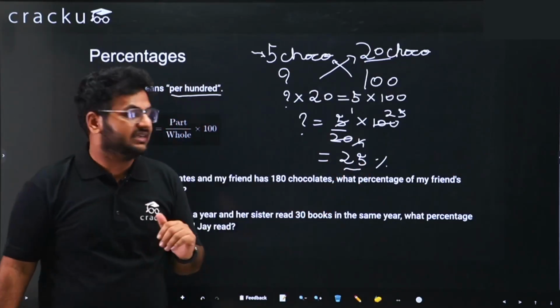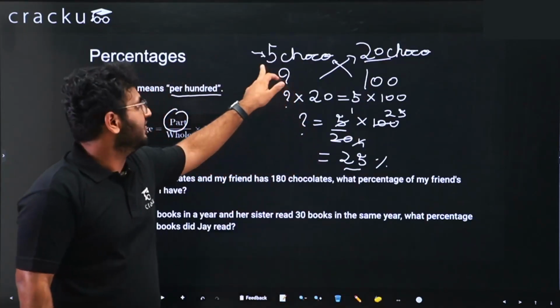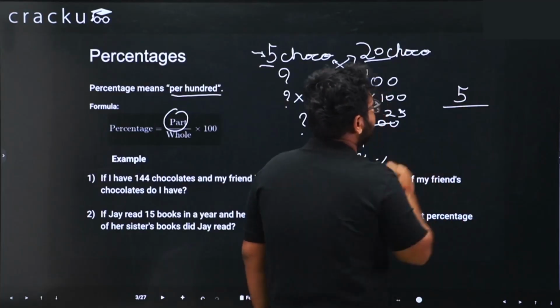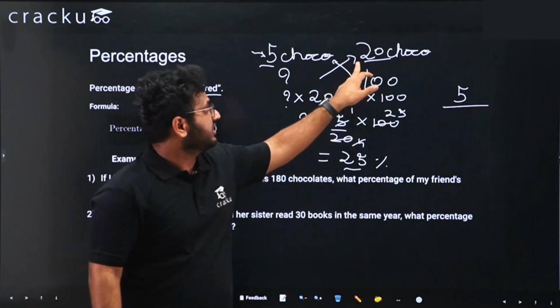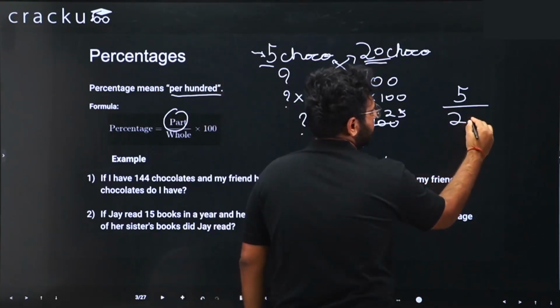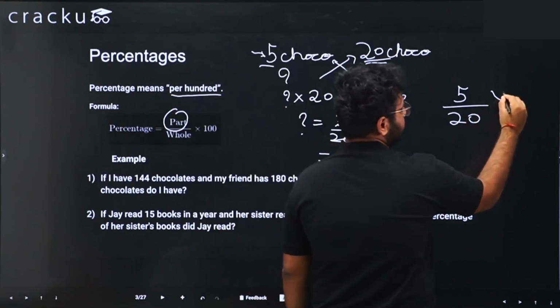So basically, percentage is a part, which here is 5 chocolates, divided by the whole, which is the total number of chocolates, 20, multiplied by 100, because it is per 100.